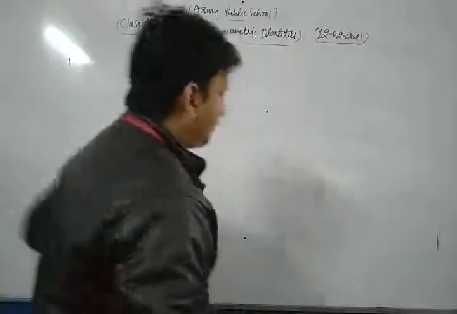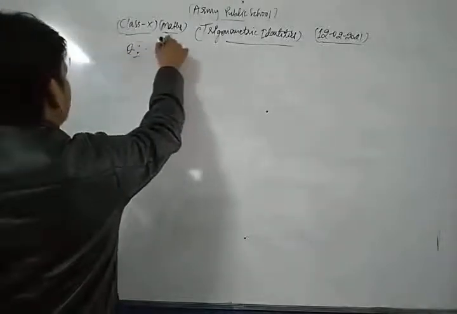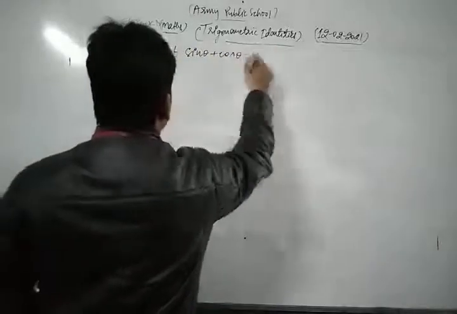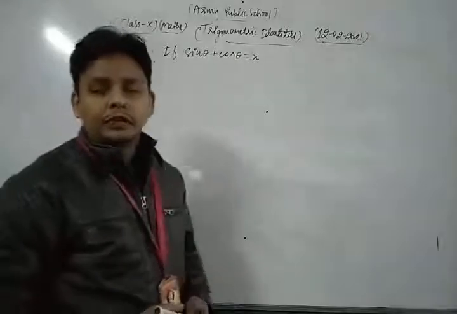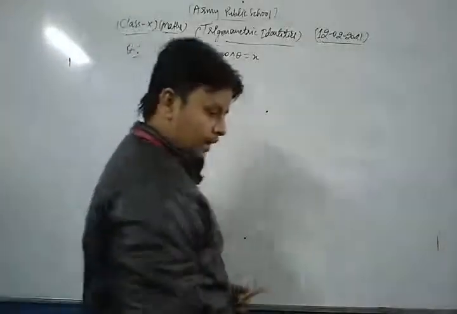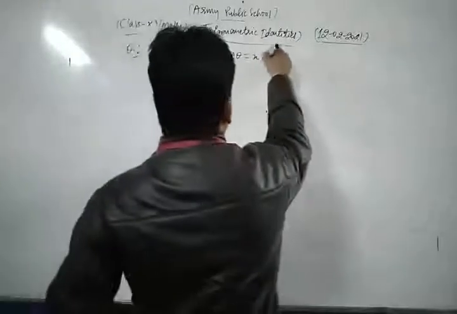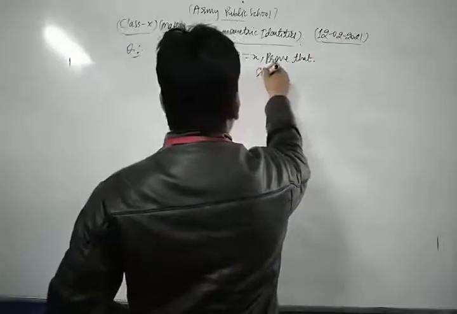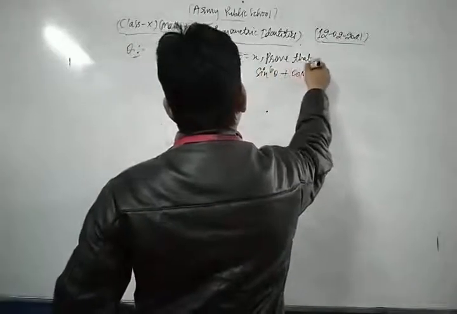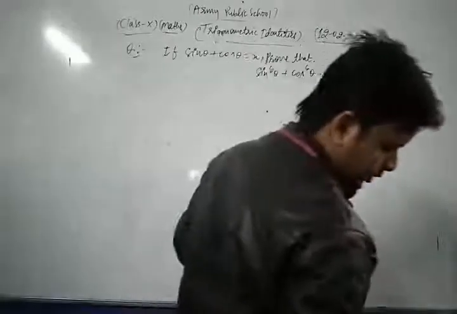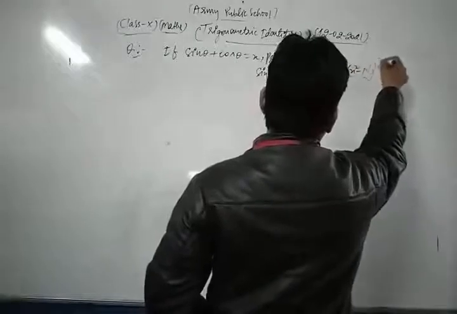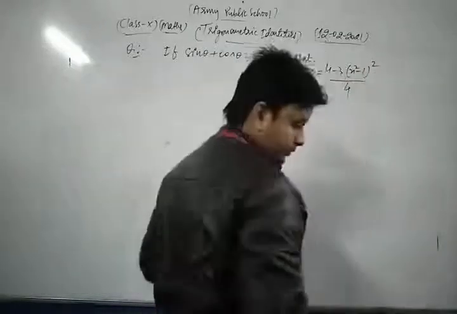The question is: if sin theta plus cos theta is equal to x, prove that sin to the power 6 theta plus cos to the power 6 theta is equal to (4 minus 3(x square minus 1) whole square) upon 4.